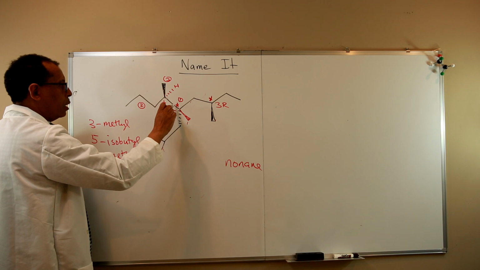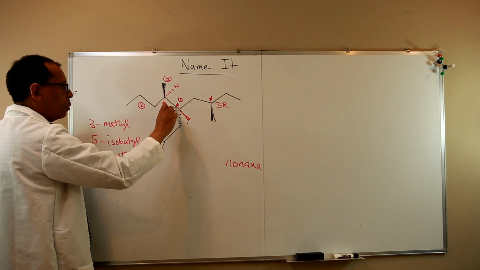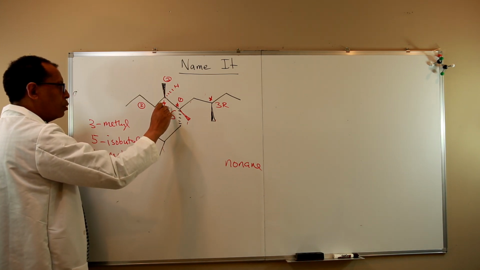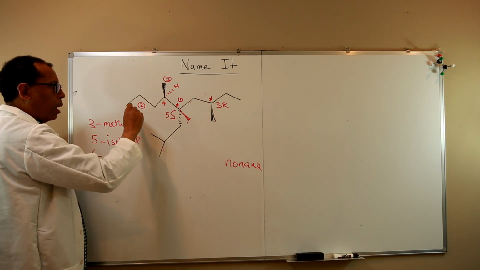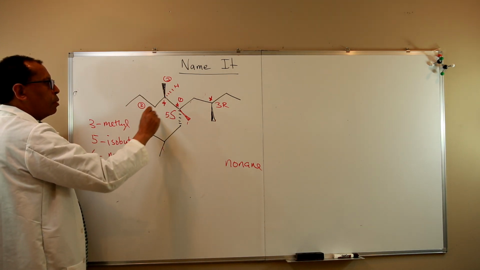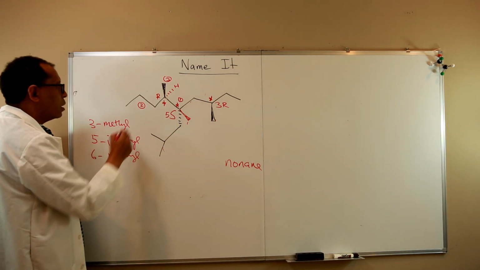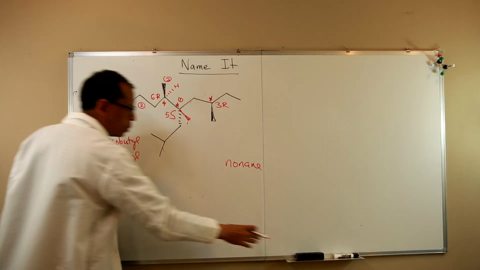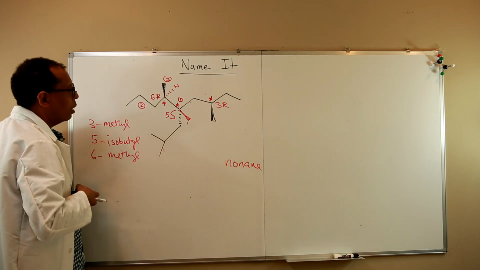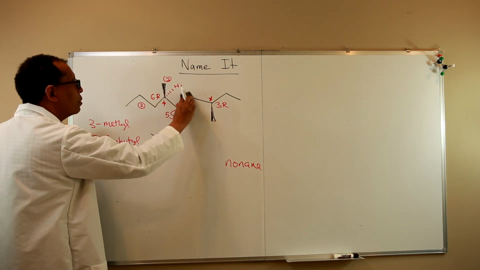So we can easily go without changing anything. We can go from 1 to 2, which is an R movement. So this is R. So 6 is R. So now everything is figured out.